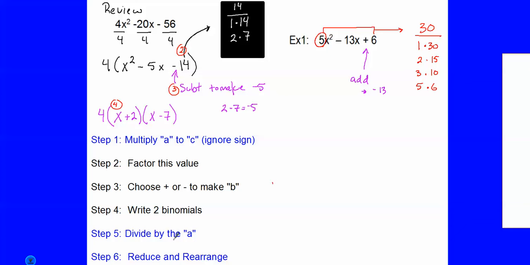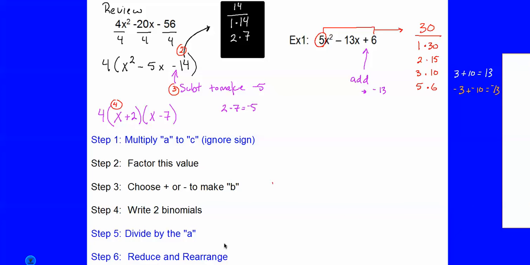So here I have to add values, and if I were to add 3 plus 10, I would equal a positive 13. That's not the values I want. So what I'm going to do is use negative 3 plus negative 10, and this will equal negative 13.